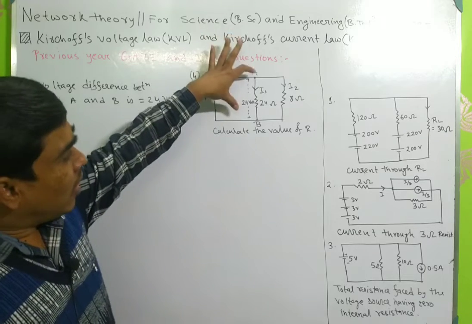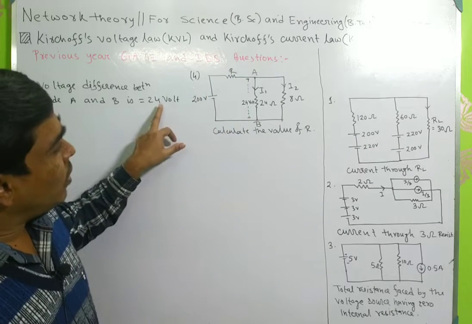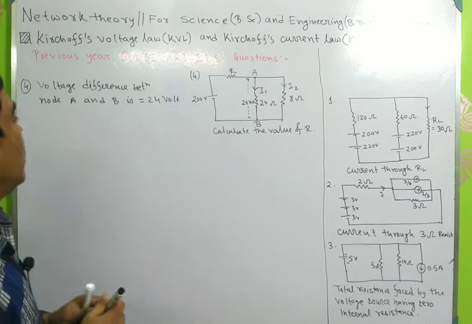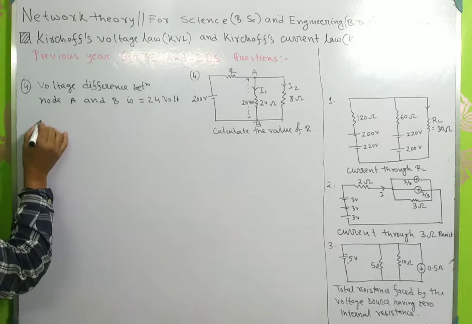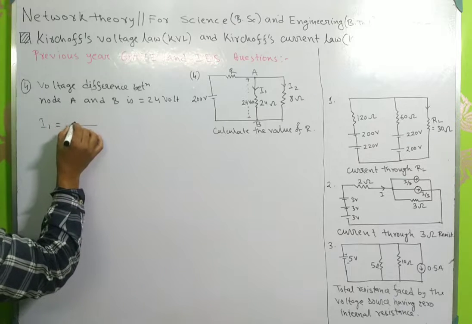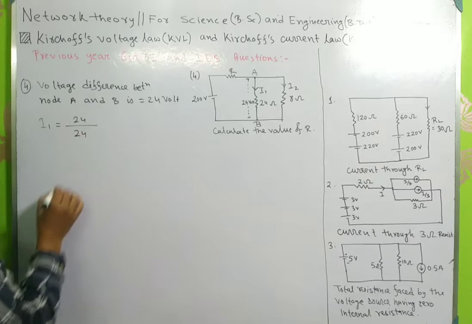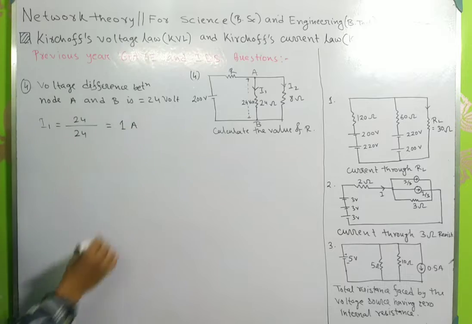So the voltage difference between these two nodes is 24 volt. The resistance is 24 ohms. Then from Ohm's law we can write that I1 equals 24 volt divided by 24 ohms. That means it will be 1 ampere.